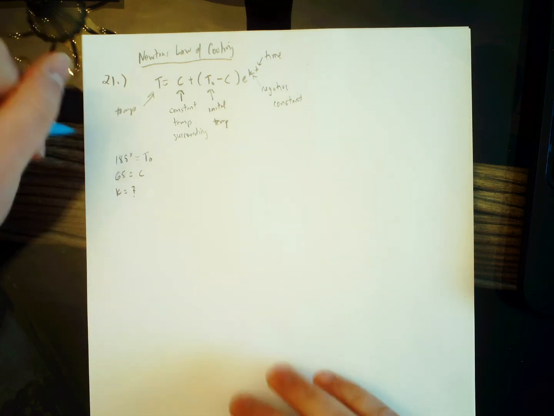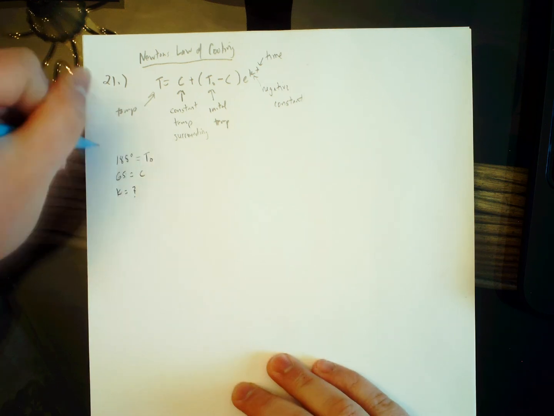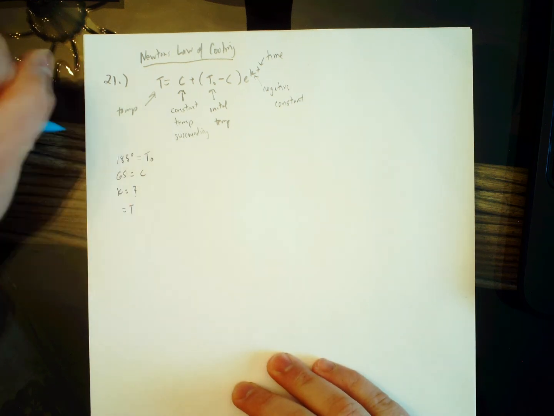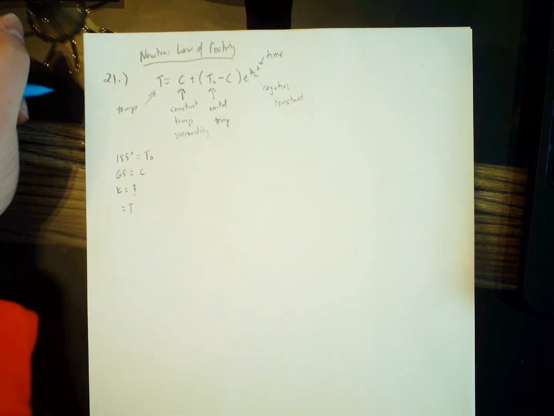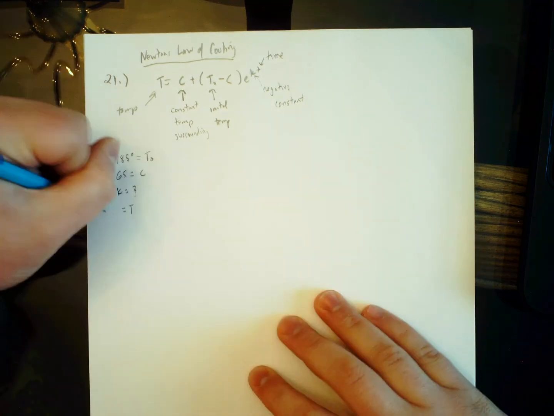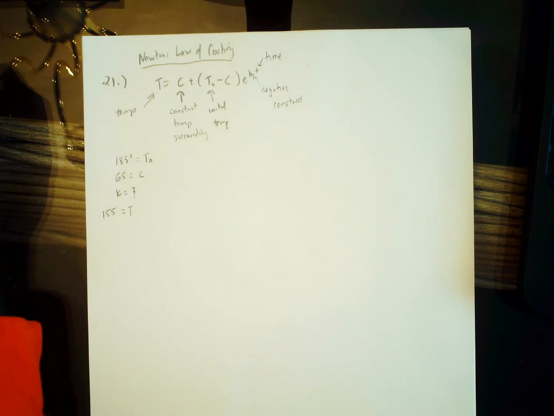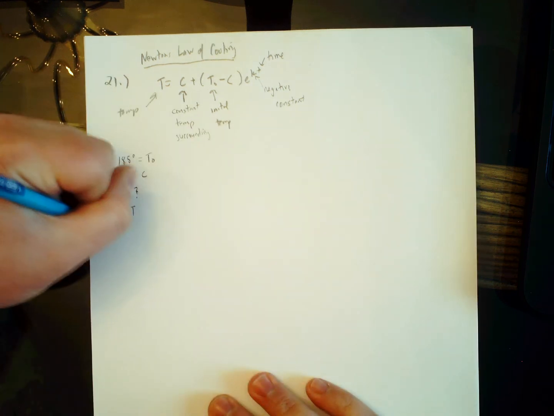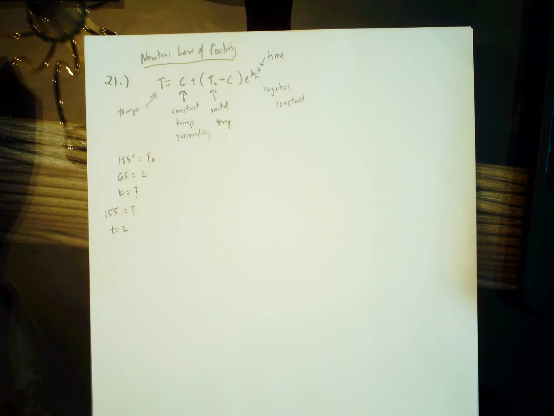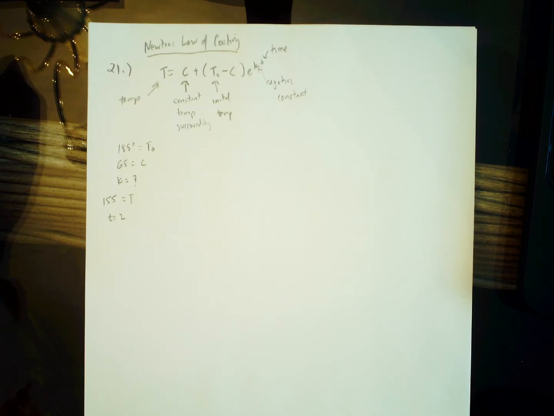The T is going to be, what does it say here? The temperature of the coffee is 155, so that's going to be 155. And after t minutes. So for this one, it says after 2 minutes, it's 155. So little t is 2. So now we're going to plug it all in.